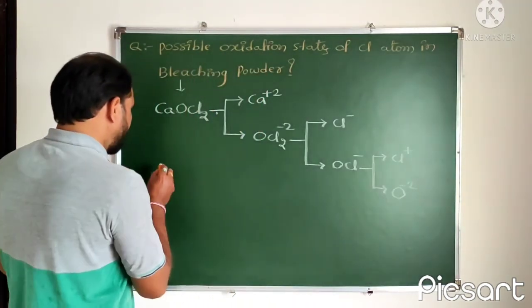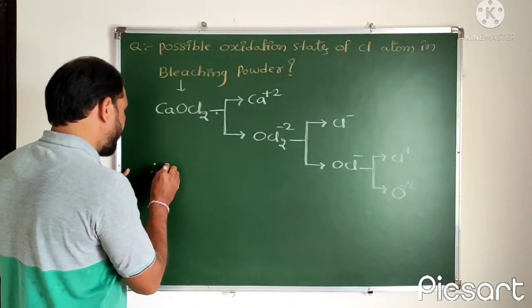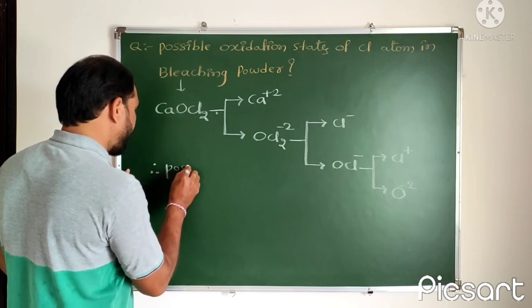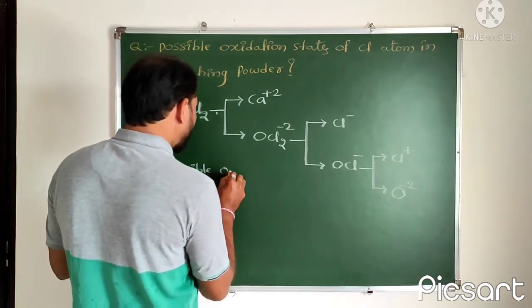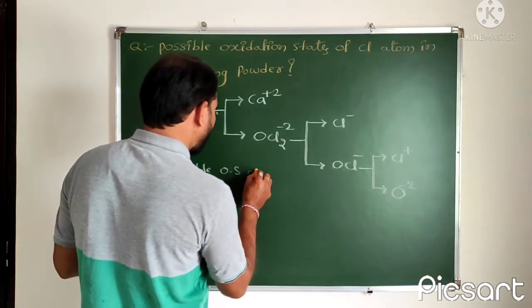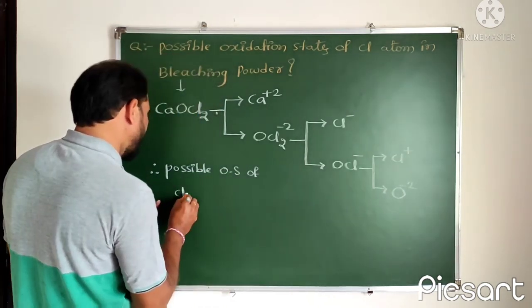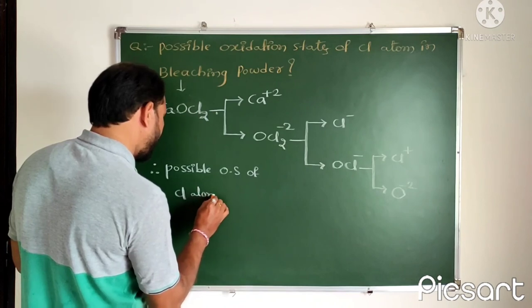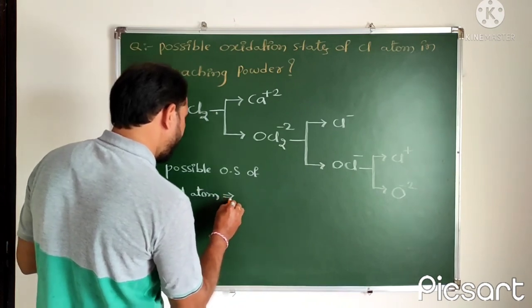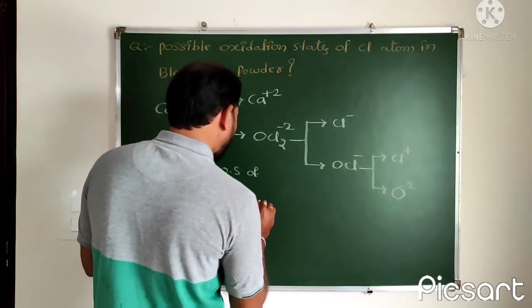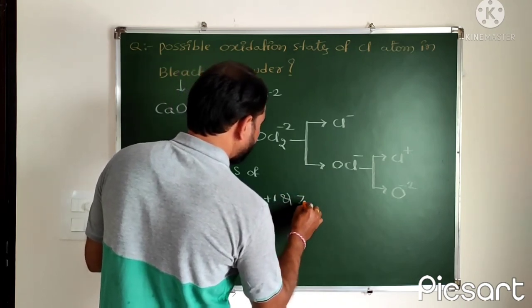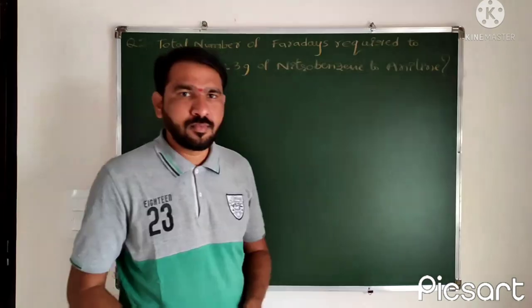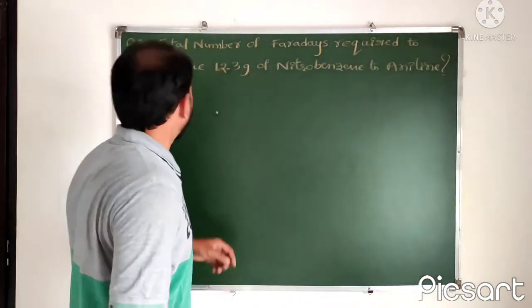Therefore, the possible oxidation states of the Cl atom are -1, +1 and 0.